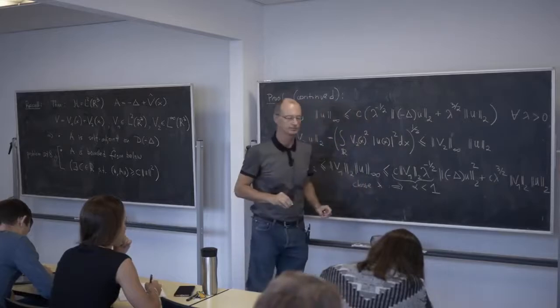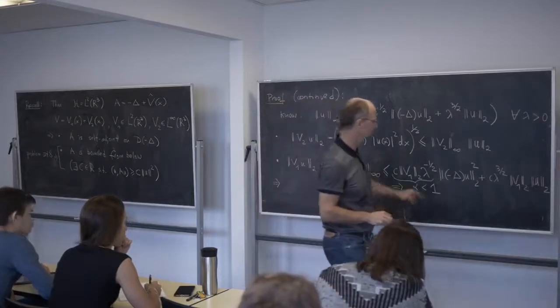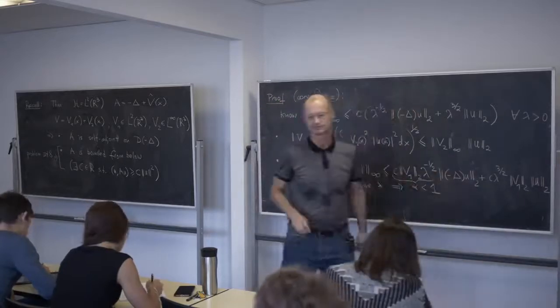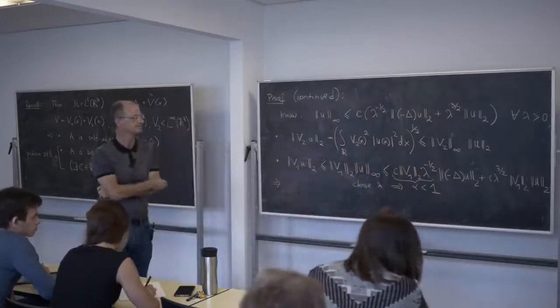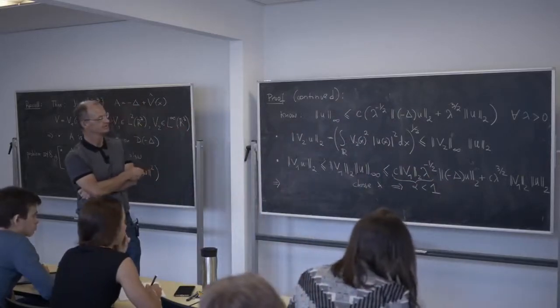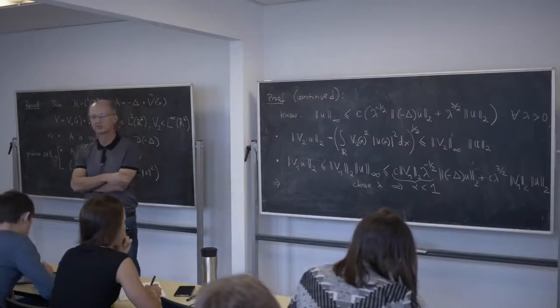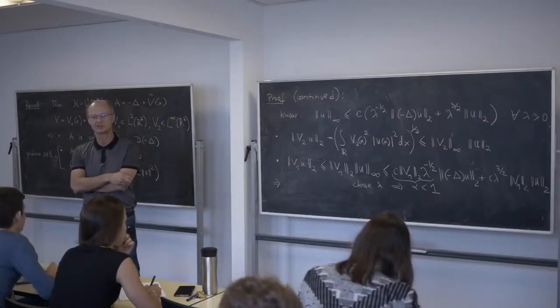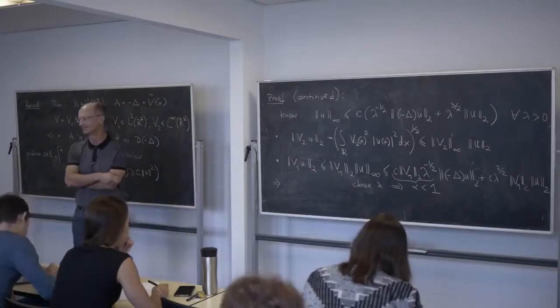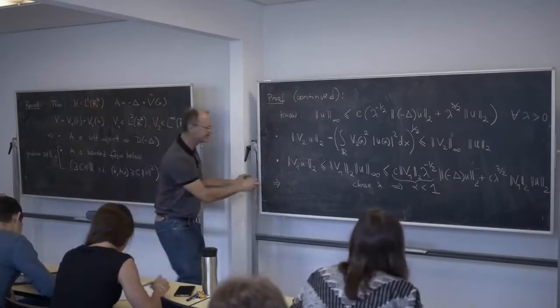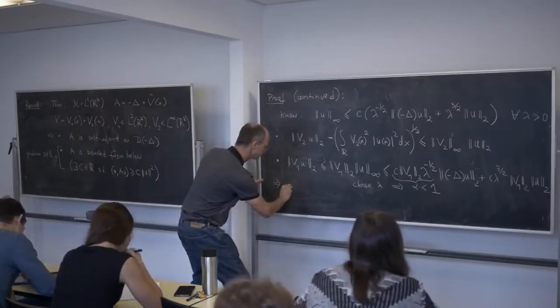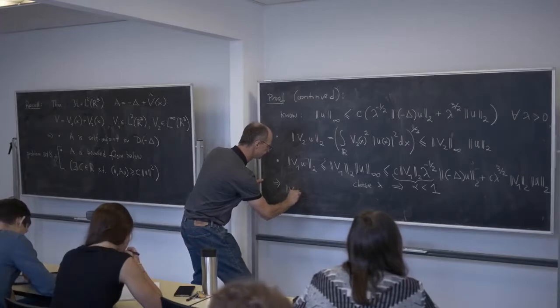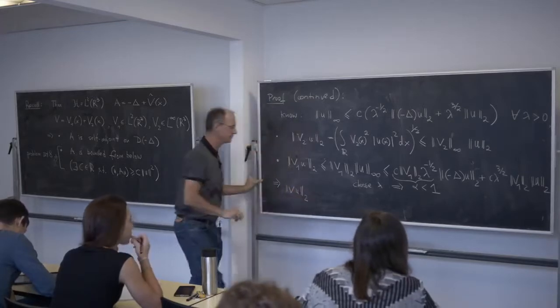Is there a square? No square, yeah, good. Why is it only Yan Pen who notices those mistakes? Right. Okay, so here is our final estimate.